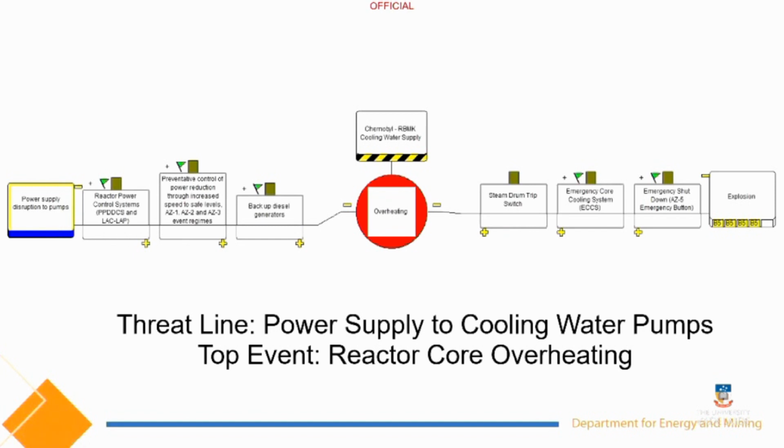So rather than treating the power supply reduction as an escalating factor, I'm actually treating it as its own threat line to be able to use the software to go into a deeper analysis of what went wrong. So my threat line is the power supply to the cooling water pumps, and the top event is the reactor overheating. So the consequence is the explosion, which in the previous diagram was the top event. The consequences were obviously the radioactive releases and all the other terrible things that followed.